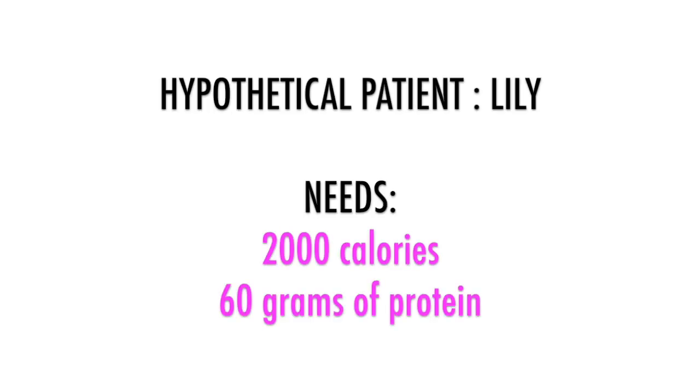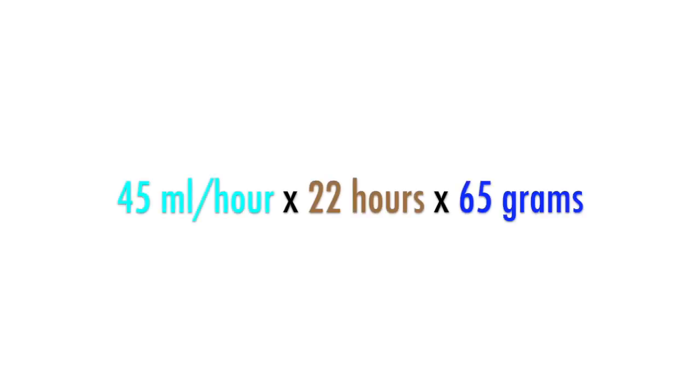We stated that based on our calculations, Lily needs an estimated 60 grams of protein per day. So what you want to do is take the rate that you got, which is the 45, times the duration of the tube feeding, which is 22, times the amount of protein in that 1 liter bottle, which we stated earlier was 65, and then divide that by 1,000 because 1 liter is 1,000 mLs.